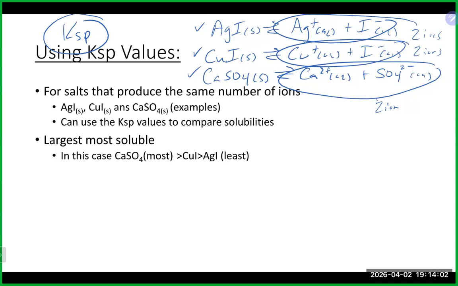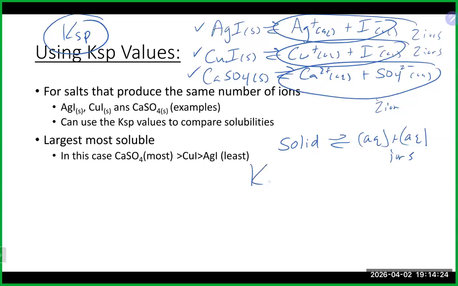In this case, calcium sulfate would be more soluble because it has a larger KSP value versus silver iodide, which has a smaller one. Again, remember that all of these reactions are written solid to aqueous ions.